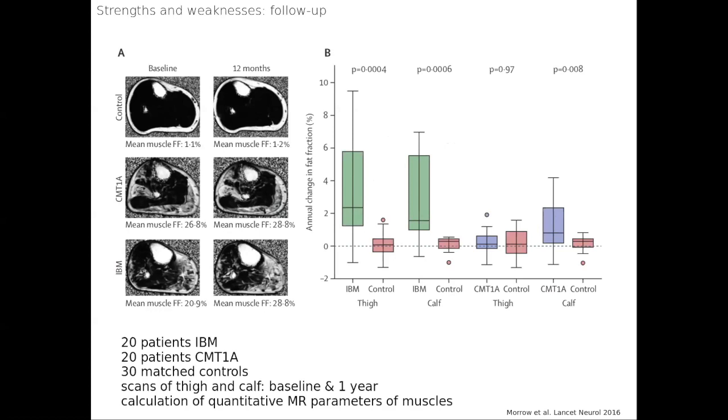For instance, as they did here in CMT1A patients, they could clearly show a progression over 1 year of the fatty infiltration or the degeneration due to the progressing nerve pathology. So assessing the muscles quantitatively can also be helpful.